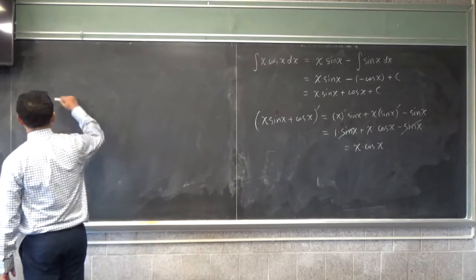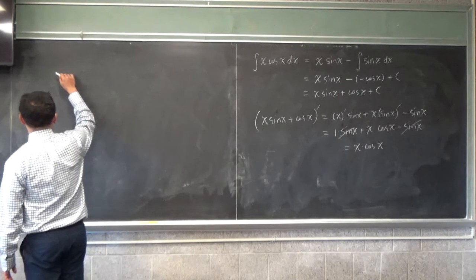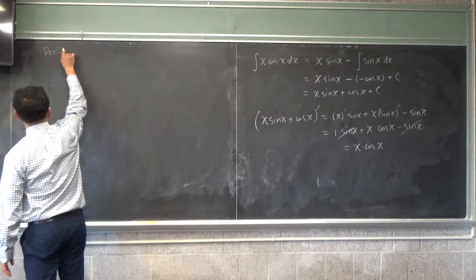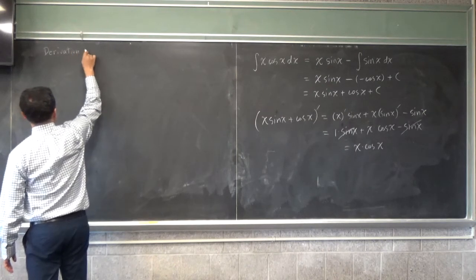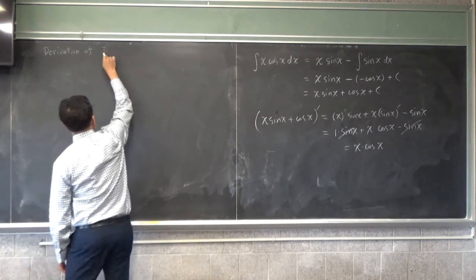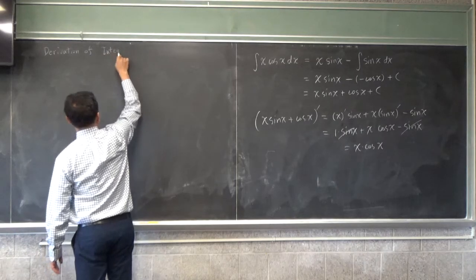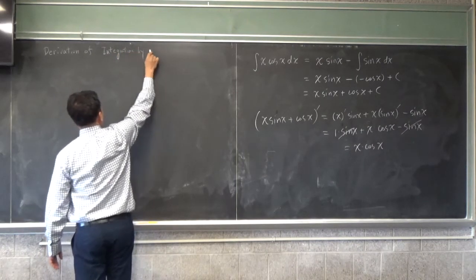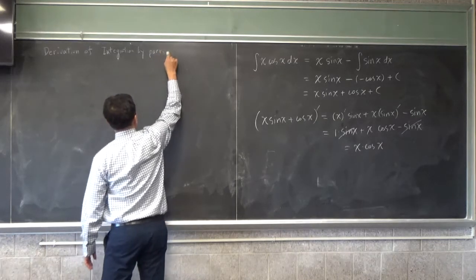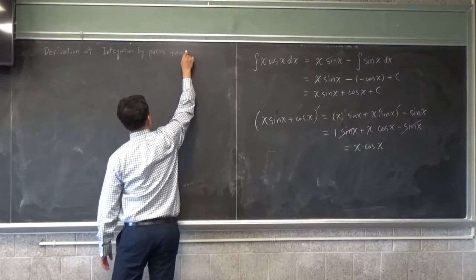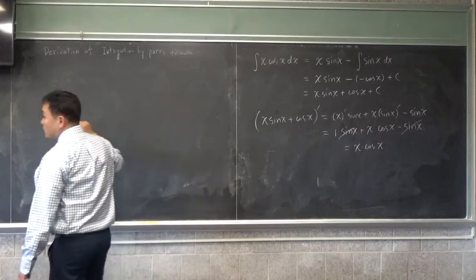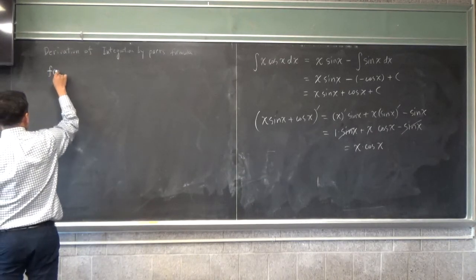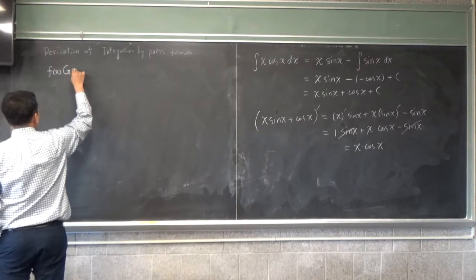All right, so the first part is the derivation of the integration by parts formula. What I want to do is take the derivative of f of x times capital G of x.